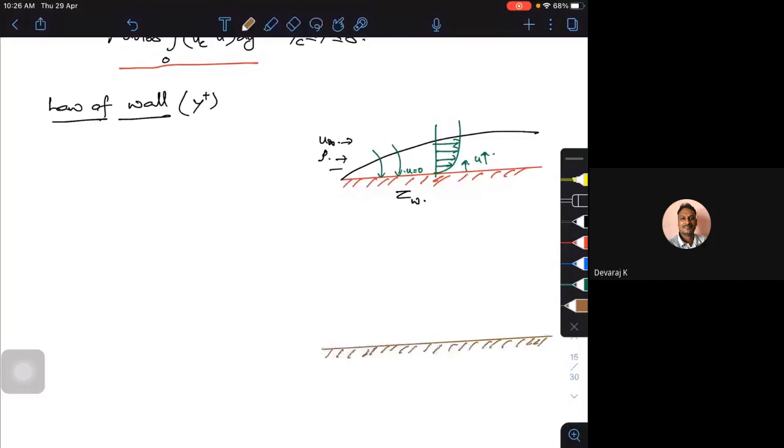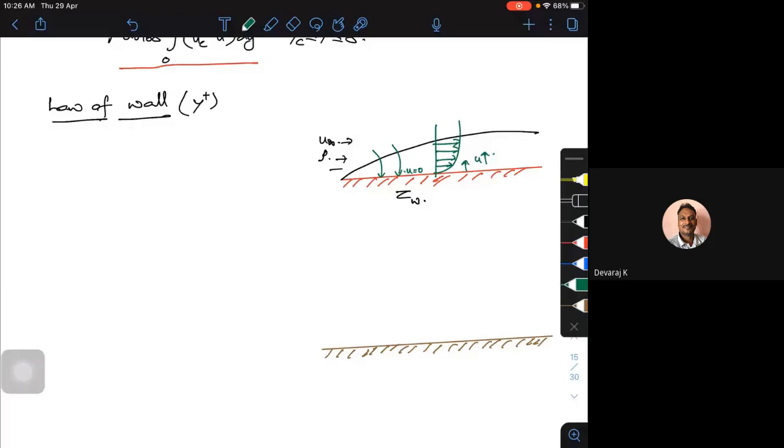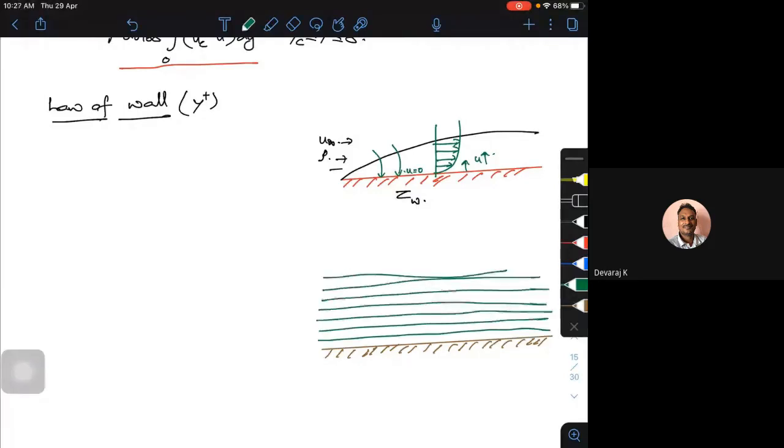Whether this mesh is sufficient, this is how I'm going to have the grid, and I'll have the grid in the y direction also.